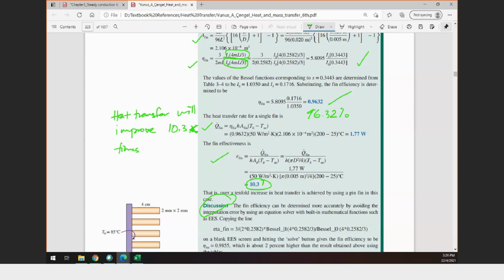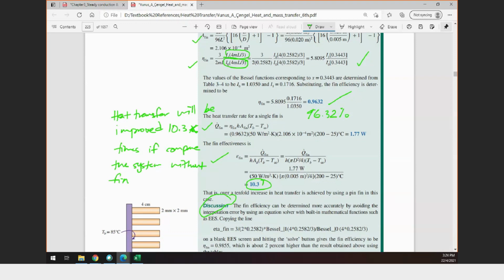Okay, if we compare the system without fin, the heat transfer will be improved 10.3 times if compared to the system without fin.